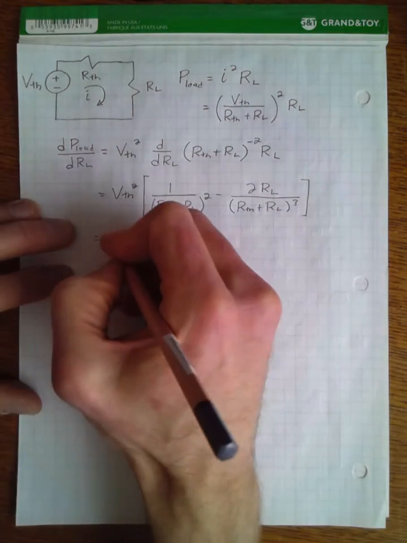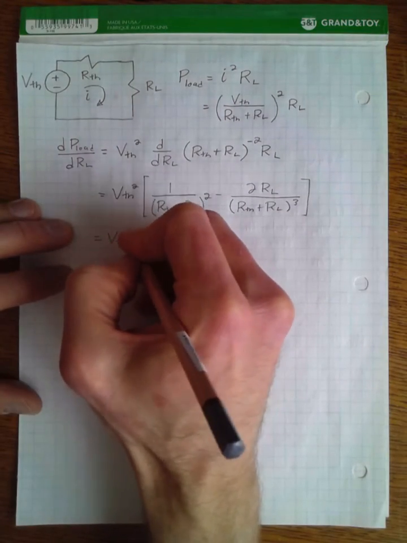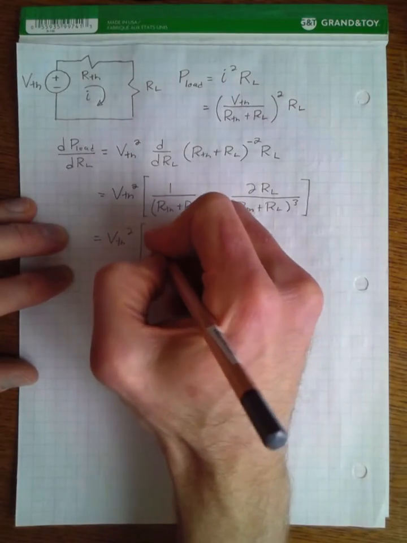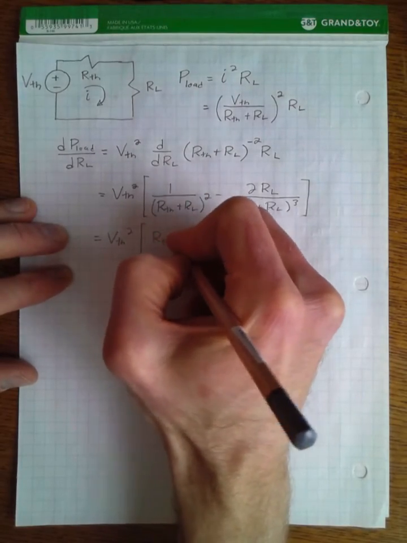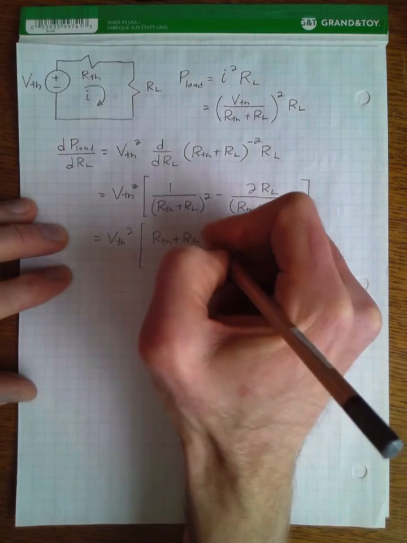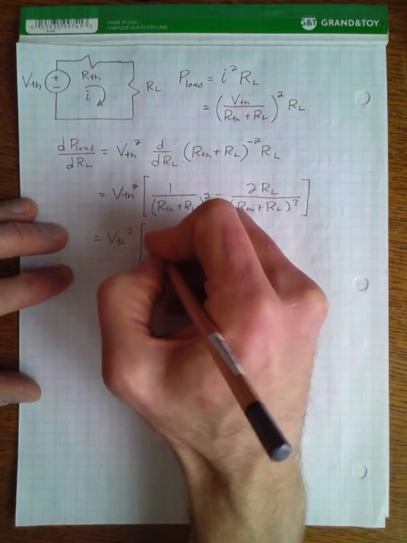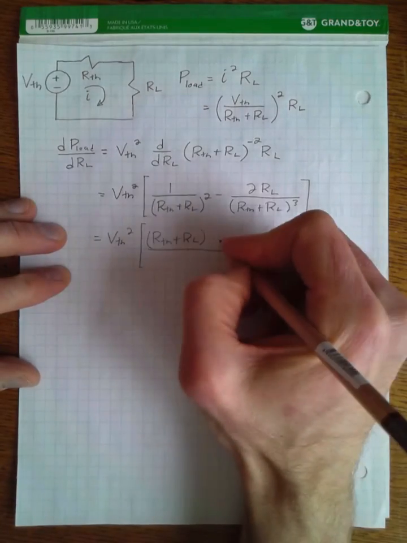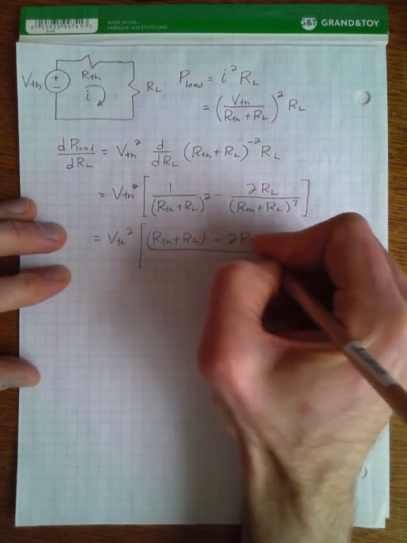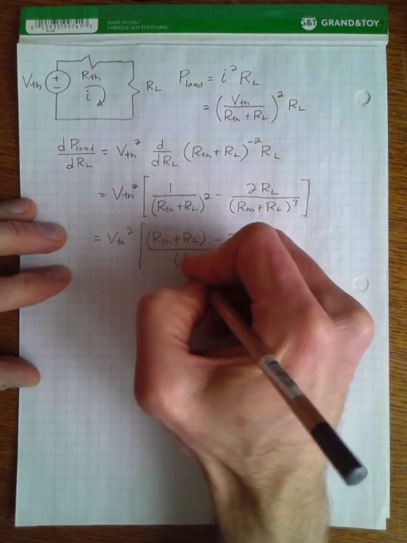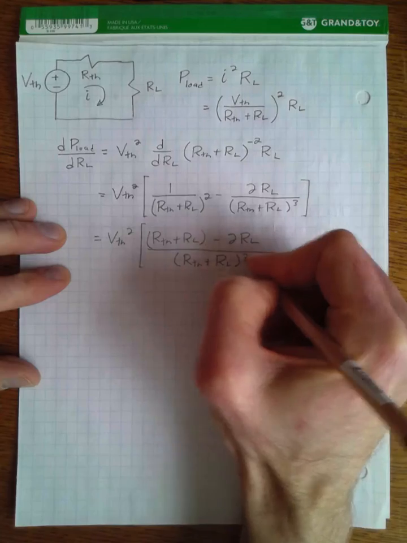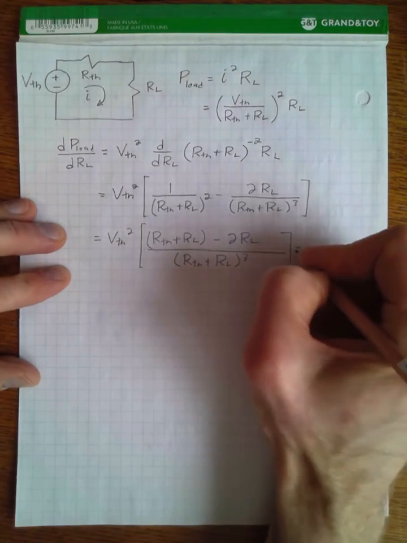And I'm going to put that under a common denominator and set that equal to 0.